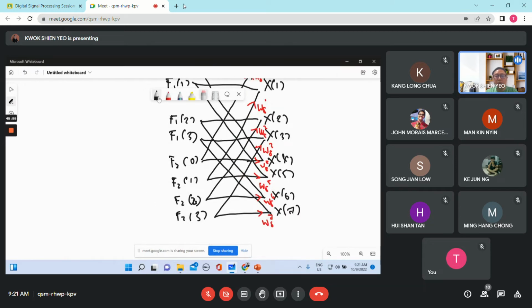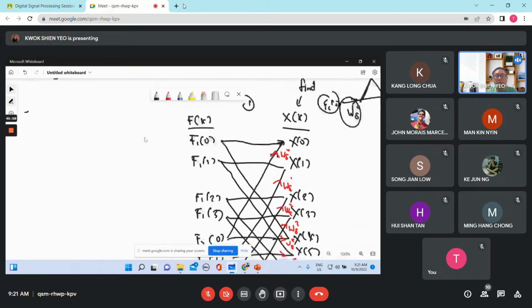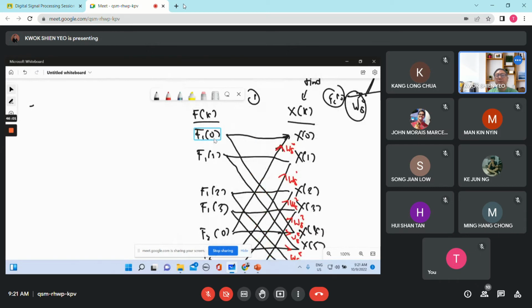Almost 1 hour already. So actually, how to get our F10, F11? What are the values that you know to get this F1 and F2? In fact, F1 and F2 are gotten by a 4-point DFT, direct computations.